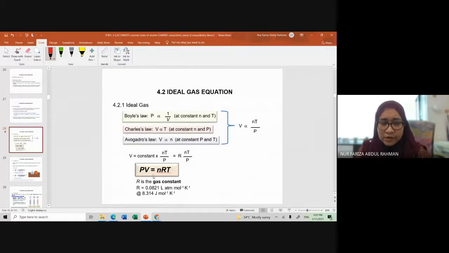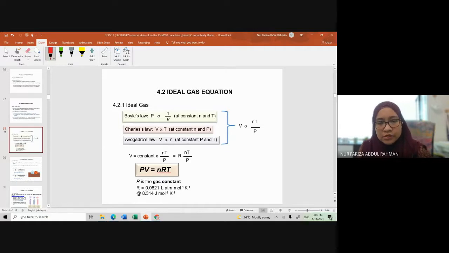Please take note that the gas constant R has a value of 0.0821, and this is the unit for the constant. We also have 8.314 J mol^-1 K^-1.